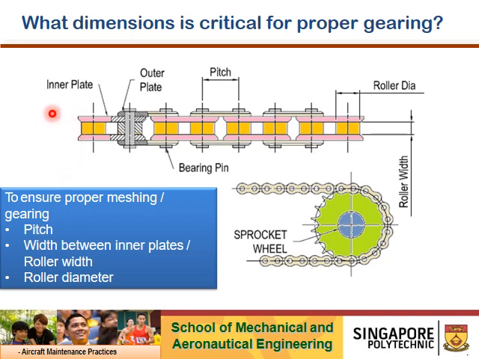As I mentioned earlier, to ensure proper meshing and gearing, we are very interested in these three dimensions: the pitch distance, the roller diameter, and the roller width. To drive the chain, you will need a sprocket wheel, to change the direction and also to drive the chain.